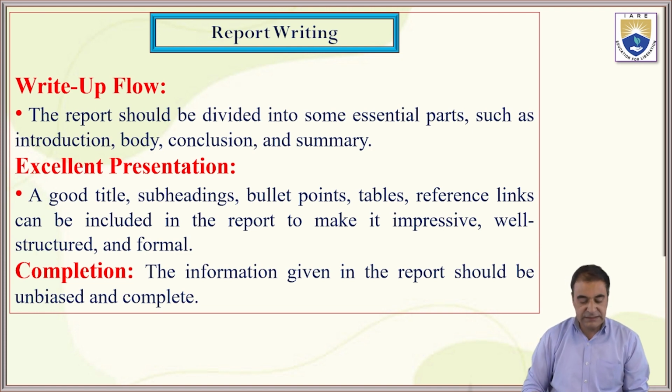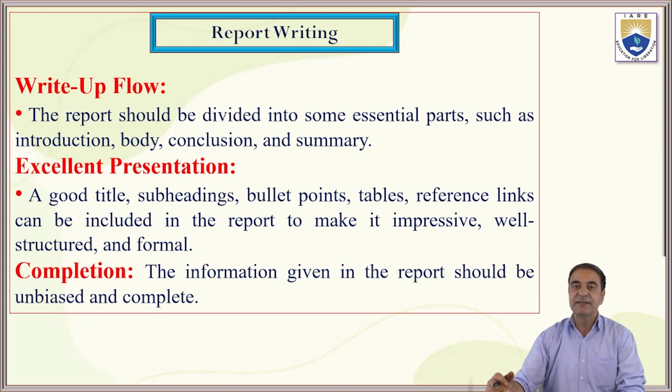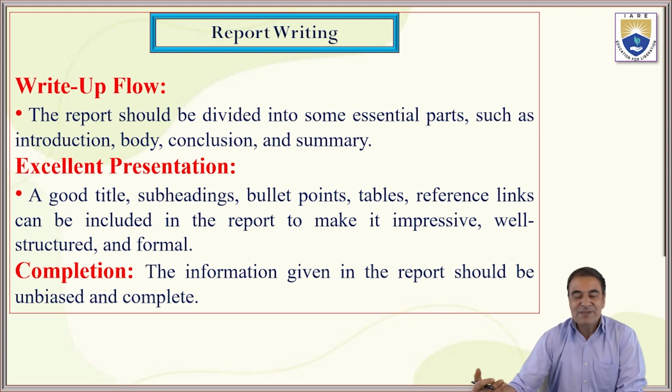And the next one is completeness. Information given in the report should be unbiased and complete. When we say complete, it means our report should appear as a whole, not as a part. It should be complete in itself. It should carry each and every piece of information on that subject, whatever you are writing on.